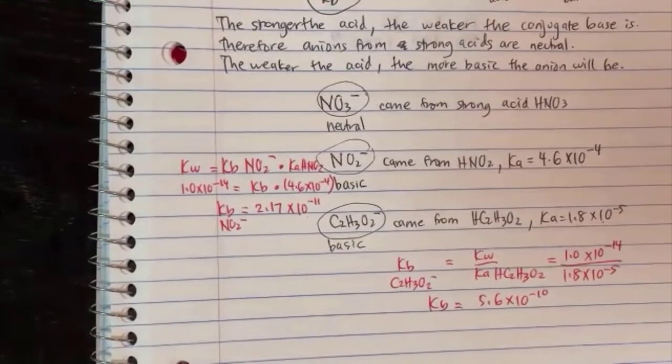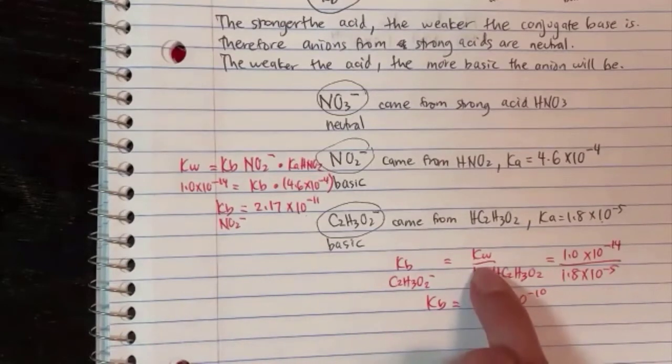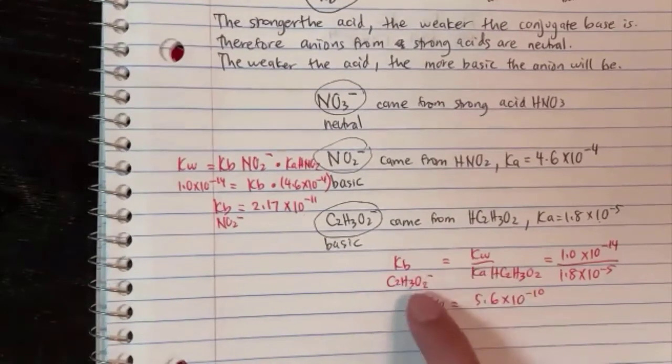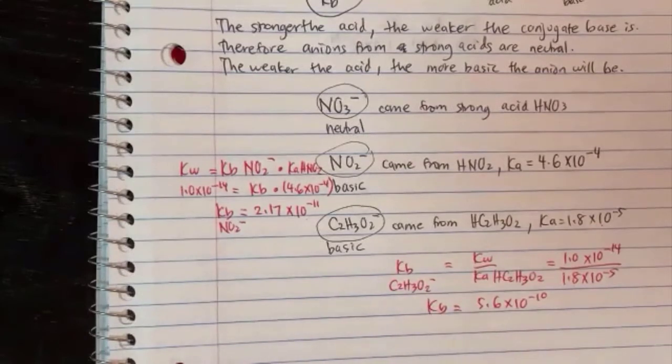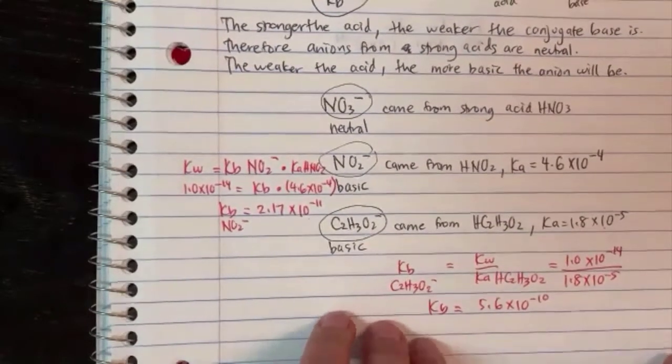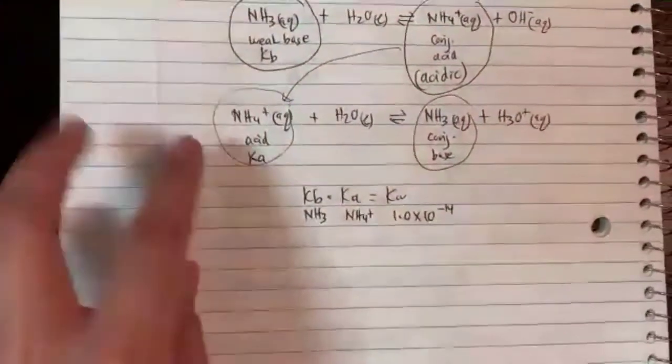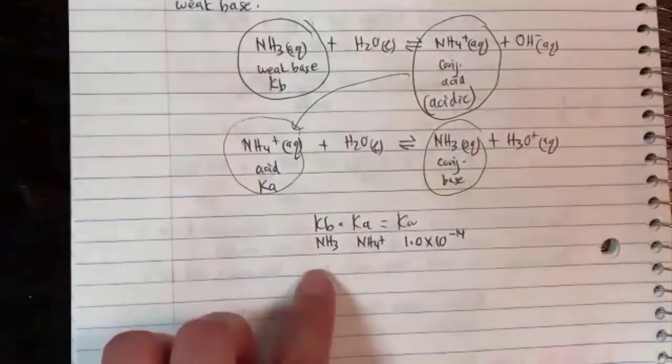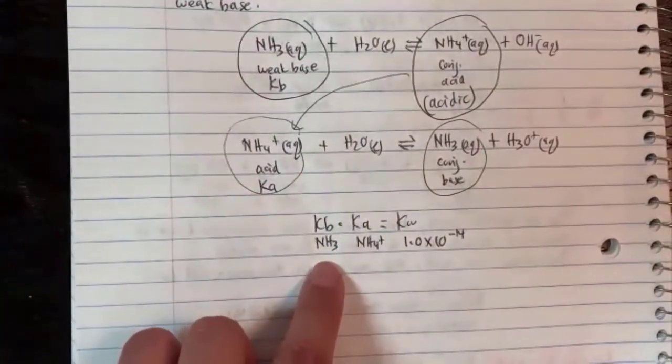So basically, the deal is they never give you the Ks for your ions. They only give you the Ks for the molecules, and you can back calculate with the relationship Ka times Kb is Kw to get your Kb or Ka of your anion that you need. In this case, anions will be basic, so you get Kb. And if you had something that was acidic, you can get the Ka by still finding it from the given Kb.